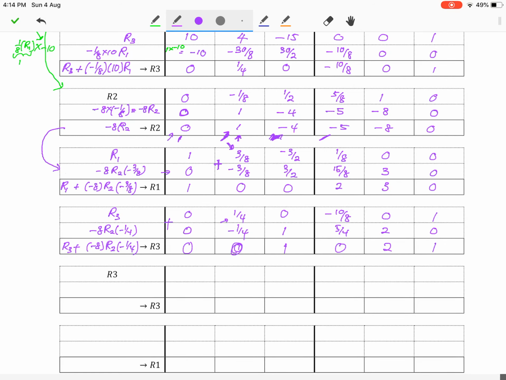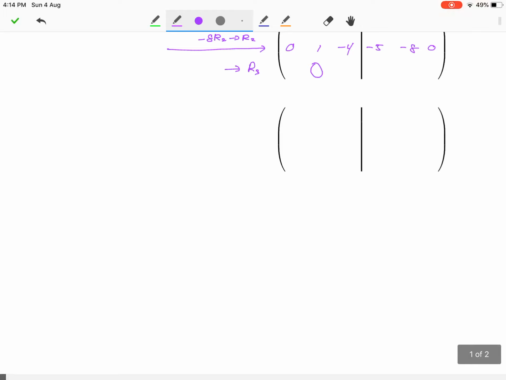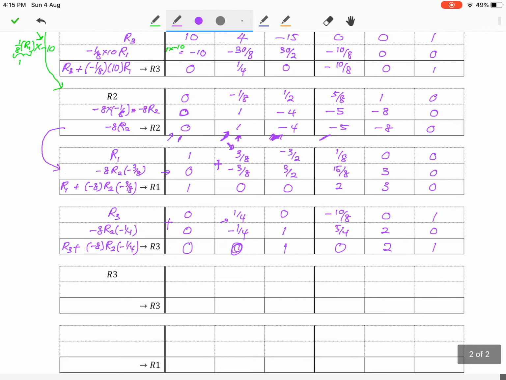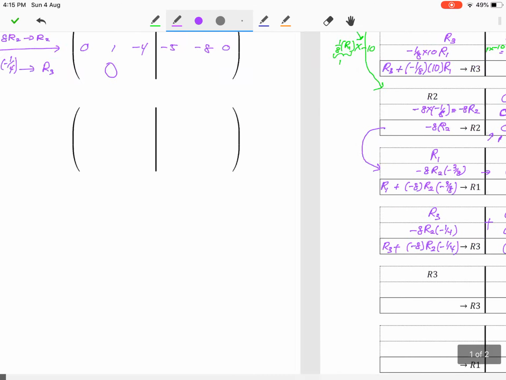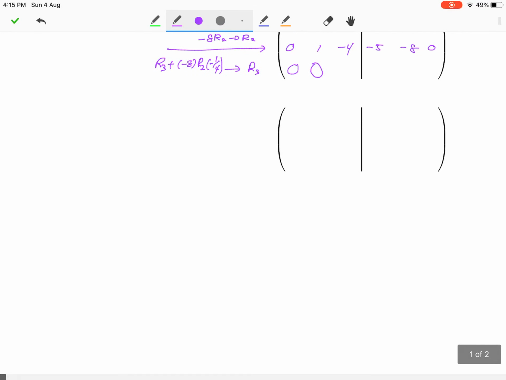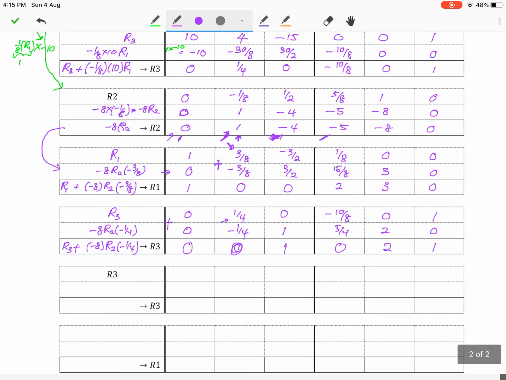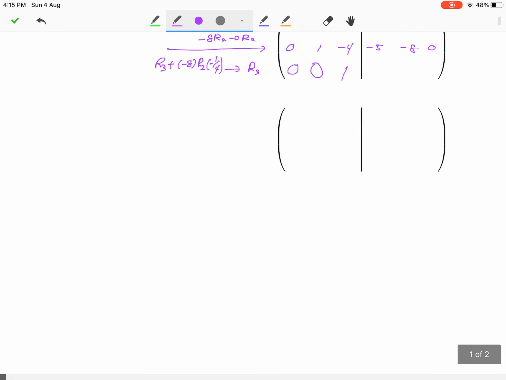Okay, so let's copy it down. So this one is R3 plus negative 8 R2 times negative 1 over 4, which gives you 0, 0, 1, 0, 2, 1.